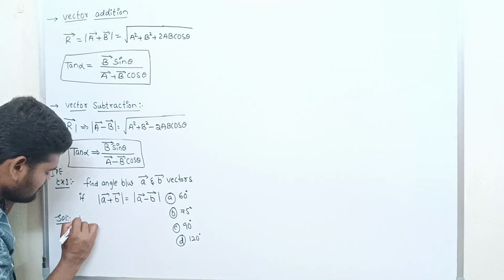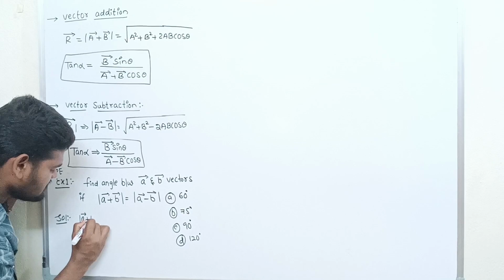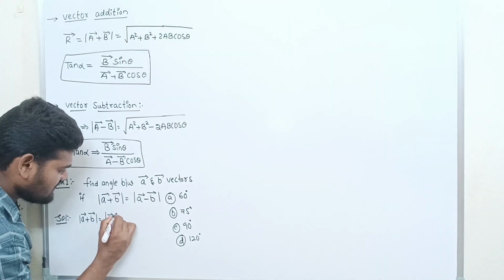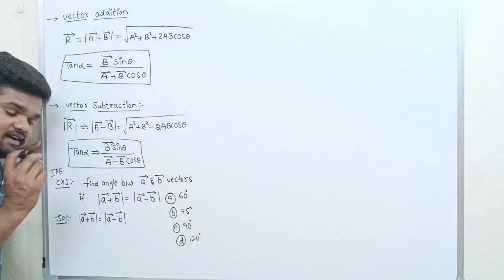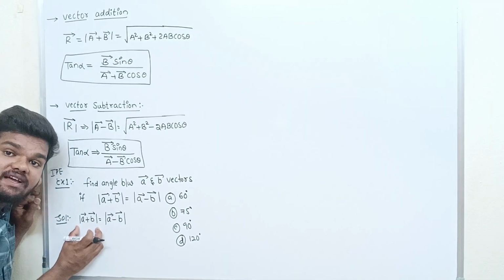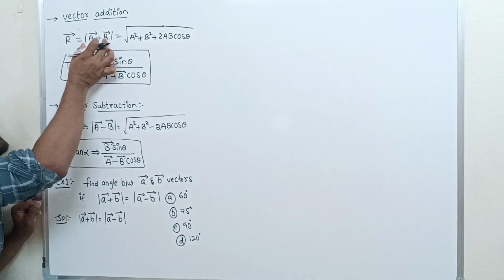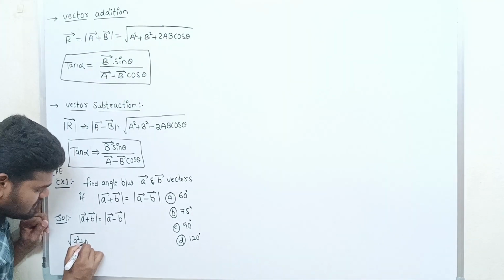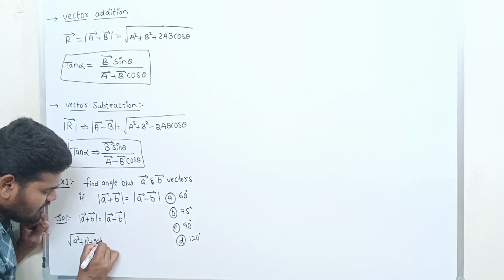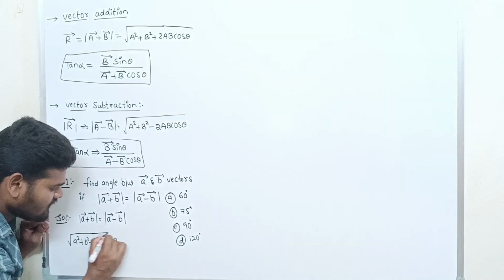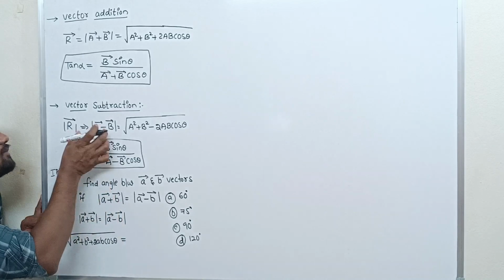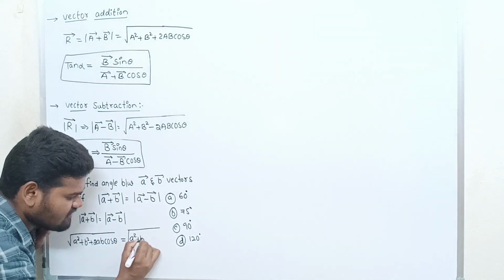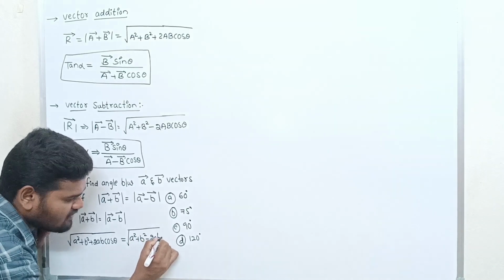So what is given? The magnitude of a bar plus b bar is equal to the magnitude of a bar minus b bar. So what is the magnitude of a bar plus b bar? It is the square root of a square plus b square plus 2ab cos theta. This is equal to the magnitude of a bar minus b bar, which is the square root of a square plus b square minus 2ab cos theta.